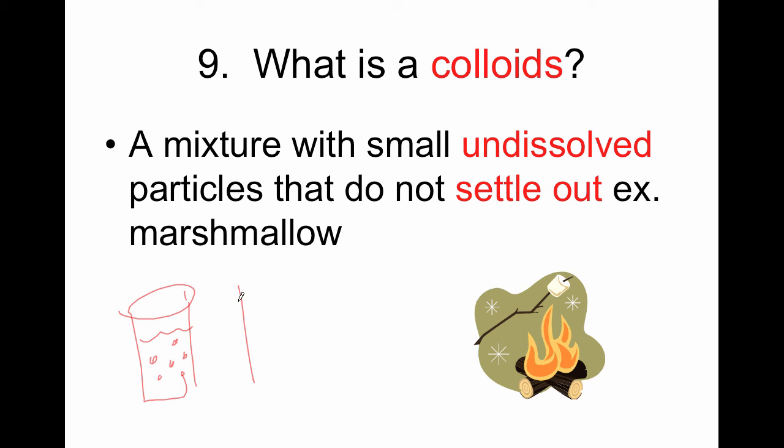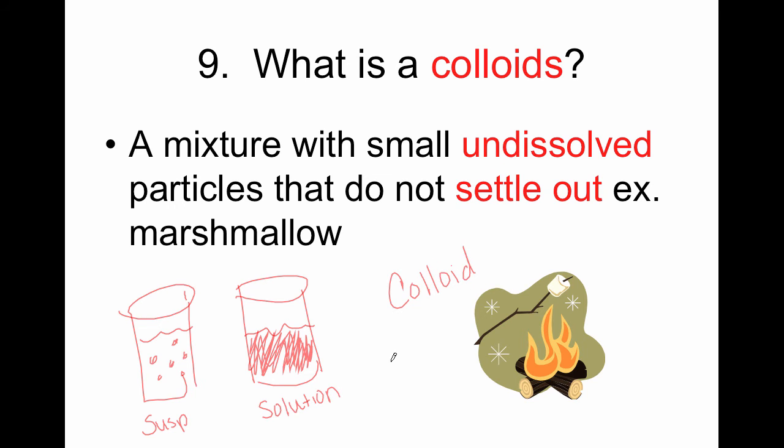We've talked about a solution with its two parts, the solvent and solute, where the particles are very small and they're very hard to filter out. So there's your suspension, there's your solution. And the last one we're going to talk about is a colloid. And a colloid is where the particles are large enough to see, but they don't settle out.